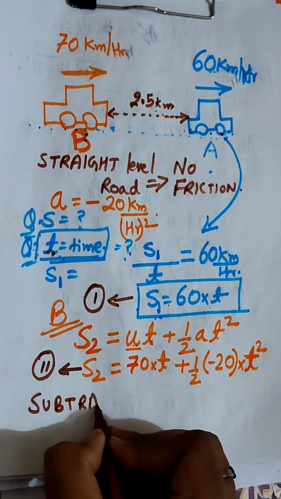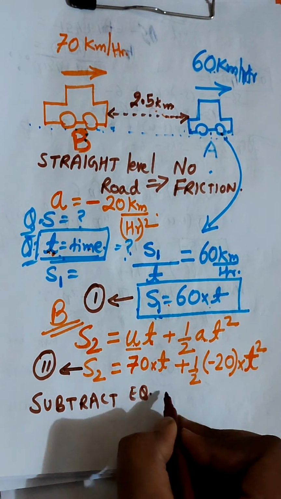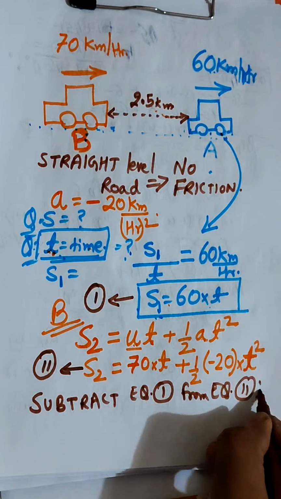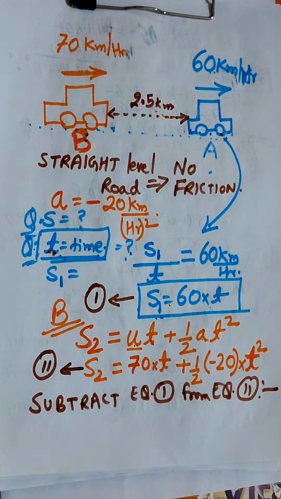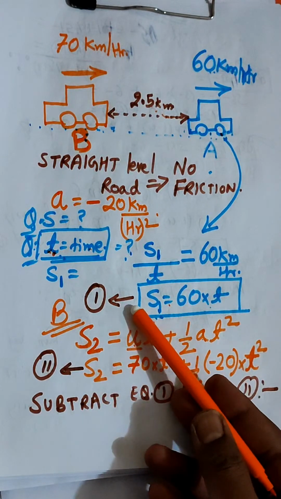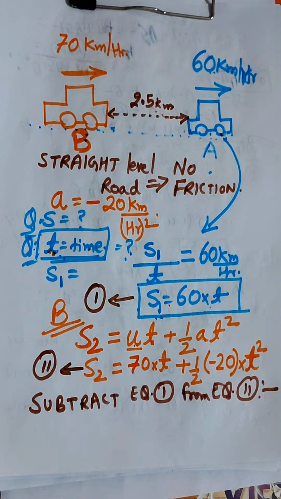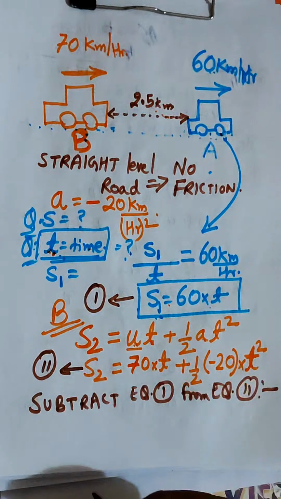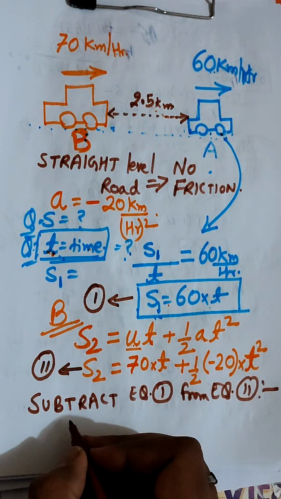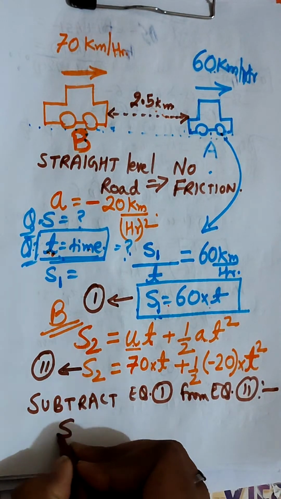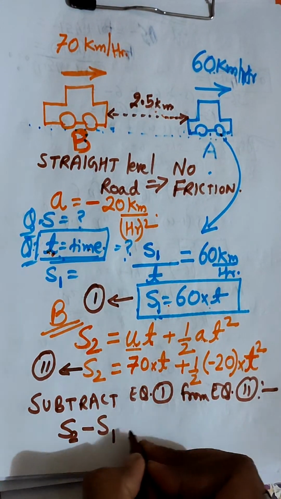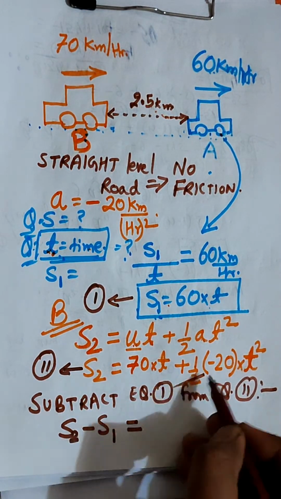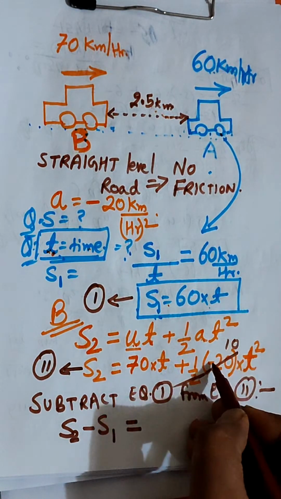Now subtract equation number 1 from equation number 2. When you subtract, LHS will subtract with LHS, RHS will subtract with RHS. This will give you s2 minus s1, which is equal to 70t plus half into minus 20. 2 will cut 20 in 10 times and the minus will come here.